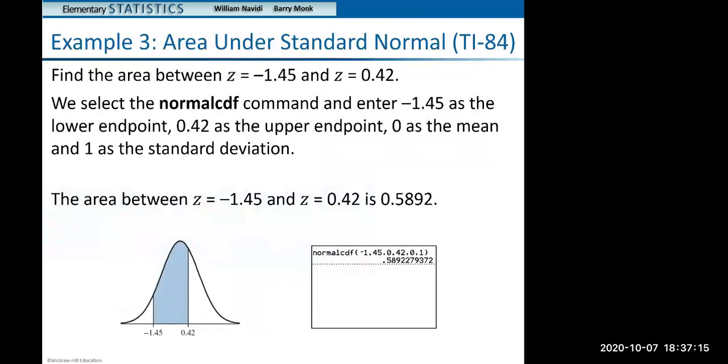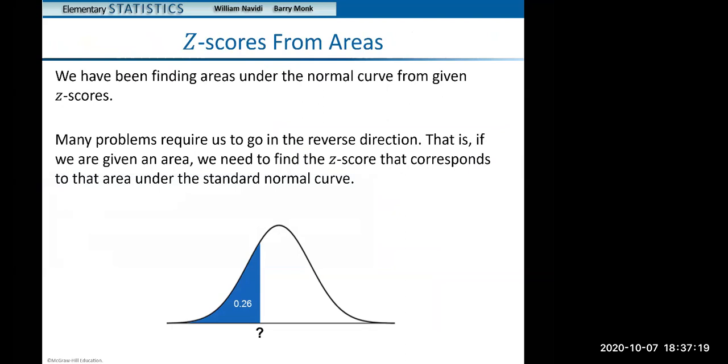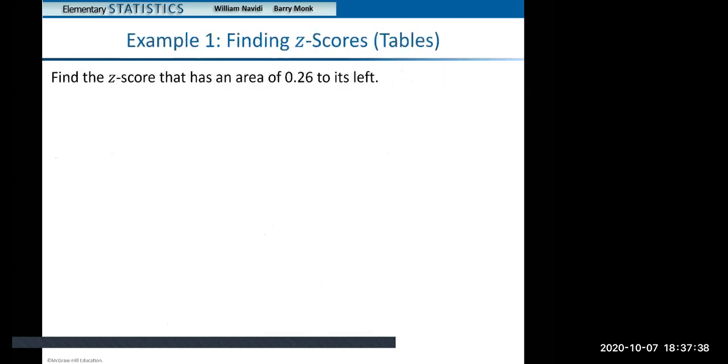Next, how about this time, given the area, it's backwards. Given the area, we're going to solve for the z-score. Just like this, the shaded region is 26% or 0.26. We want to solve for the z-score here. So what are we going to do? Find the z-score that has an area of 0.26 to its left.